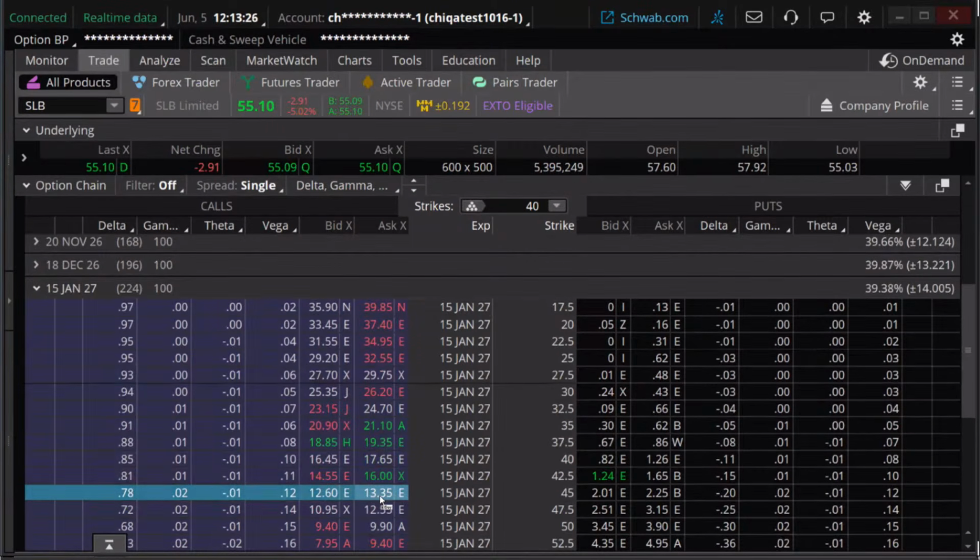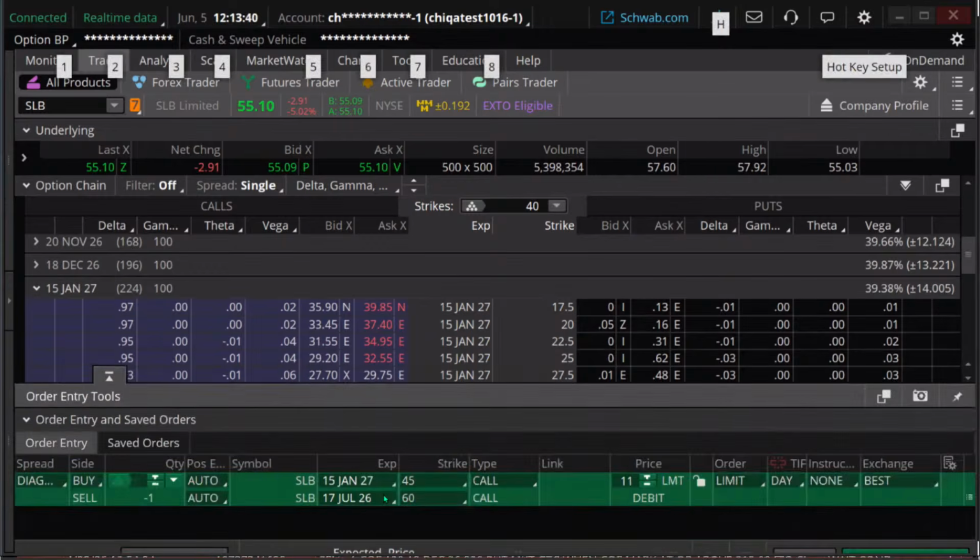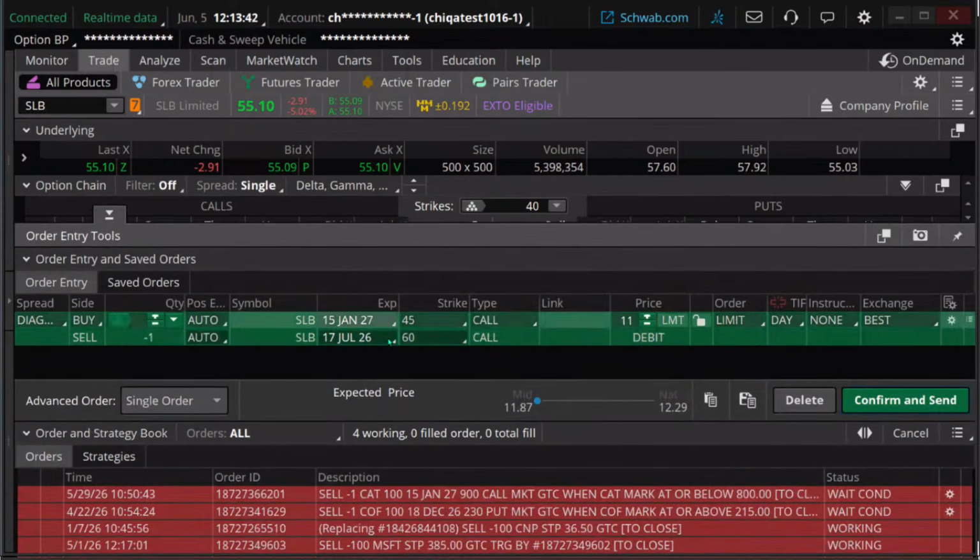We're going to buy this guy, which is the $45 call. I'm going to hold down my control key, though. If I don't hold down the control key, it's just going to replace the first trade with this trade. I want them both, though. I'm going to hold down my control key and pull that up. And here's my trade. This is the net debit of the trade, about 1,200 bucks.